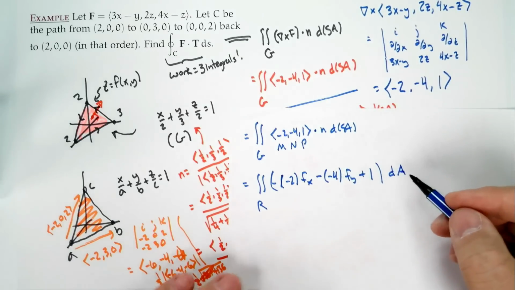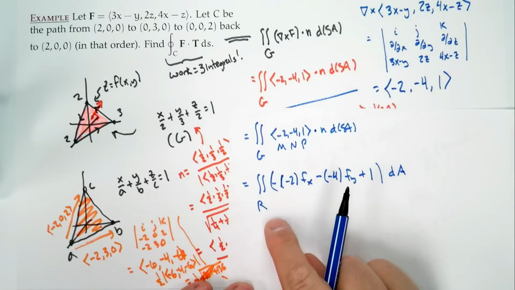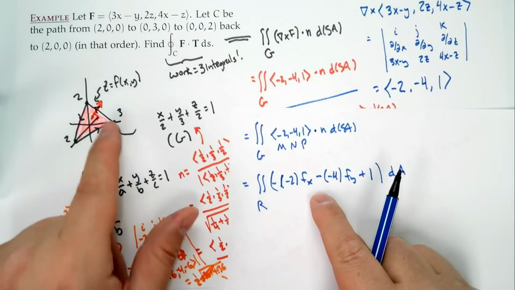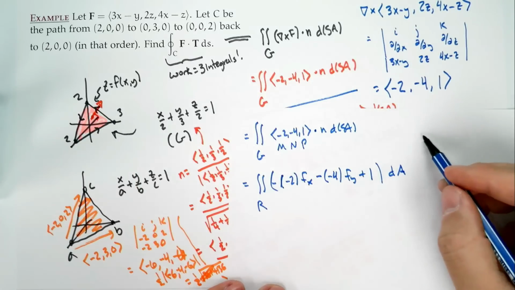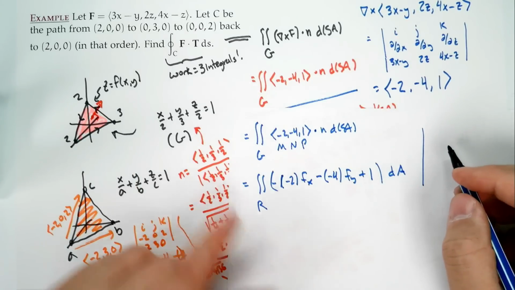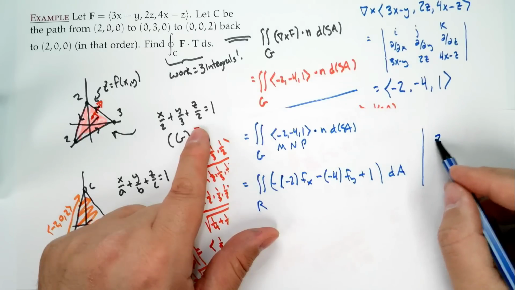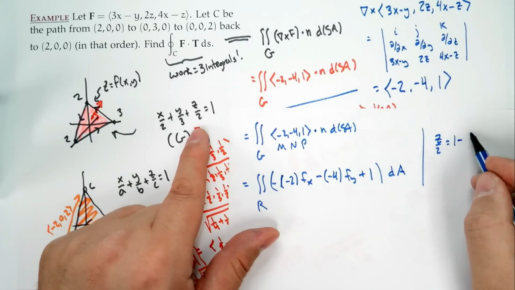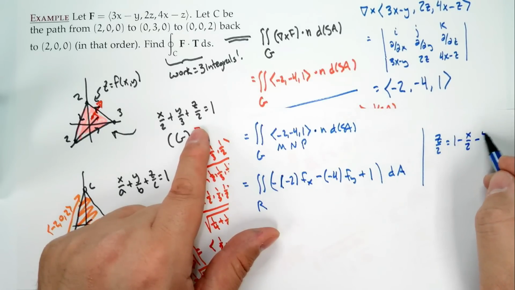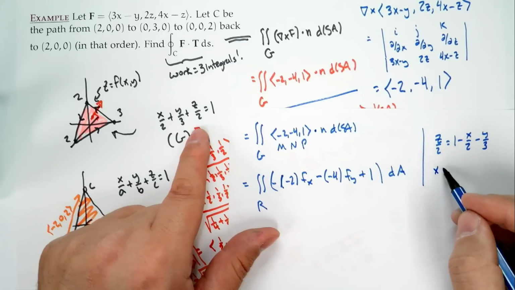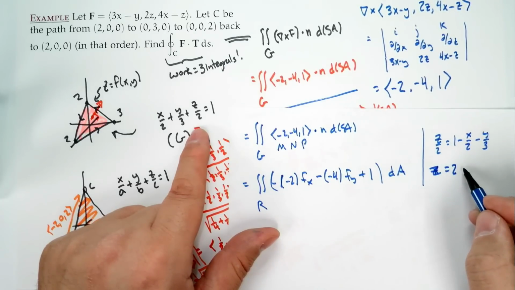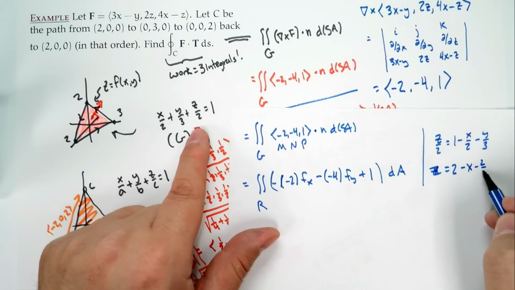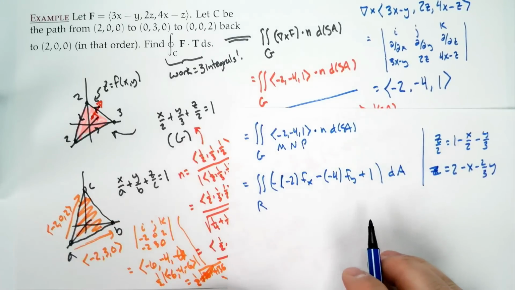Now, a couple of things we have to talk about. What is r? What is f? Well, f is the plane, so you solve for z. So if we do that on the side here, we could say z over 2 is equal to 1 minus x over 2 minus y over 3. So z, that's the z, is 2 minus x minus 2/3 y.